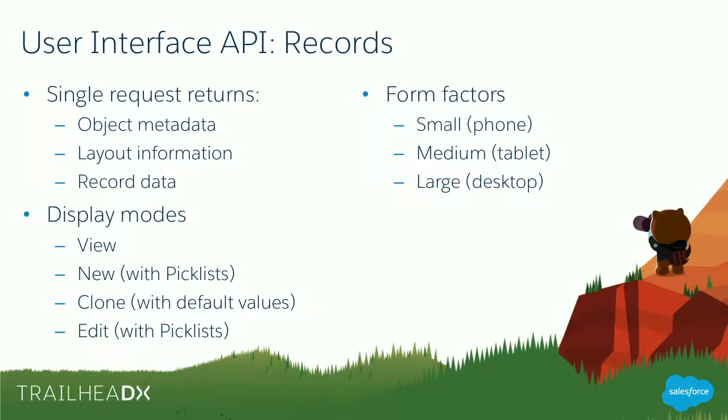So when your admin goes in, and if you build an app, or a page, or a widget and embed it in, let's say, your intranet site or in another third-party system, and your admin goes in and, let's say, changes security for a user or adds an extra field to your compact layout or your detail panel, then you don't have to deploy code. This already reflects those changes. And it responds to user profiles, record types, all the good stuff that you are all familiar with as far as our platform goes.